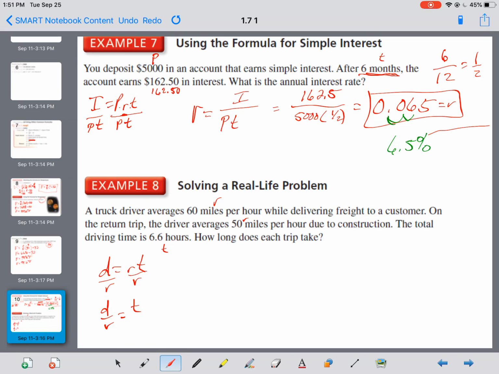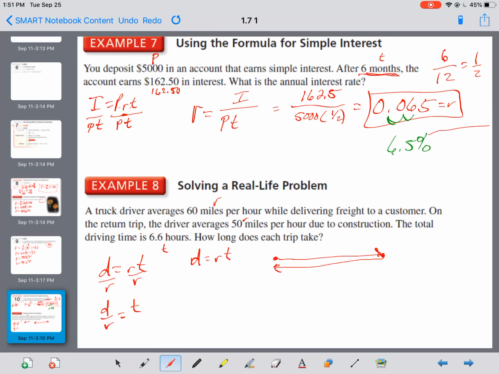We know our time is 6.6 hours. What we don't know is the distance. So we're going to have to set that up in a different way because our distance to there and back is going to be the same. Distance equals rate times time. So if we set our distance up the same, because he starts here, drives this way, starts here, drives that way, return trip, he's going to go the same amount.